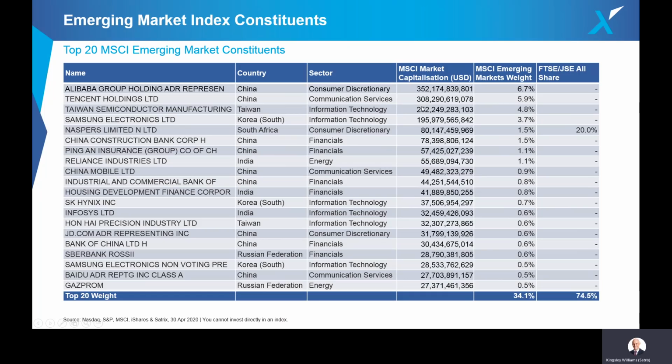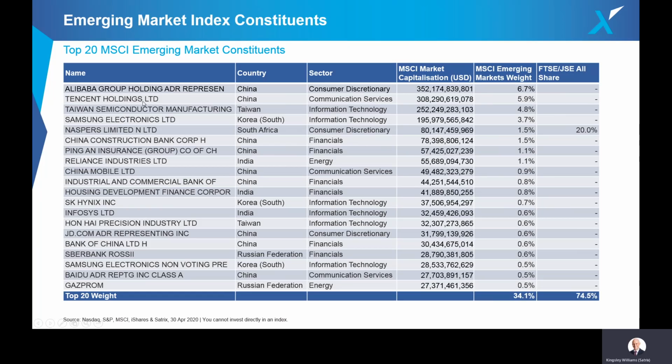As I mentioned, China makes up about 40% of MSCI Emerging Markets, and you can see the companies represented there. I've also included the FTSE JSE All Share weight, and we only have one company represented in the top 20 list, and that's Naspers, as a result of its holding in Tencent, which is the 2nd largest company within emerging markets.